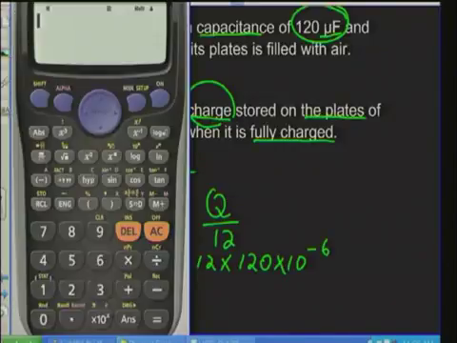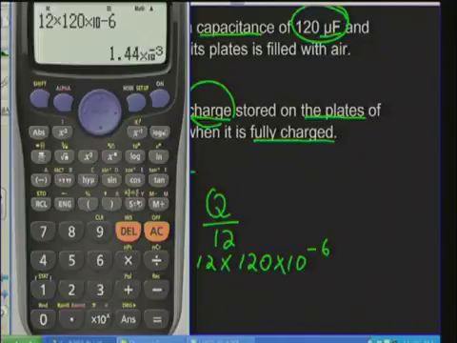Right, taking out the calculator so that we can work this out, we've got 12 times 120 times 10 to the power minus 6. And let's see what we have there. What we have is 1.44 times 10 to the power minus 3.